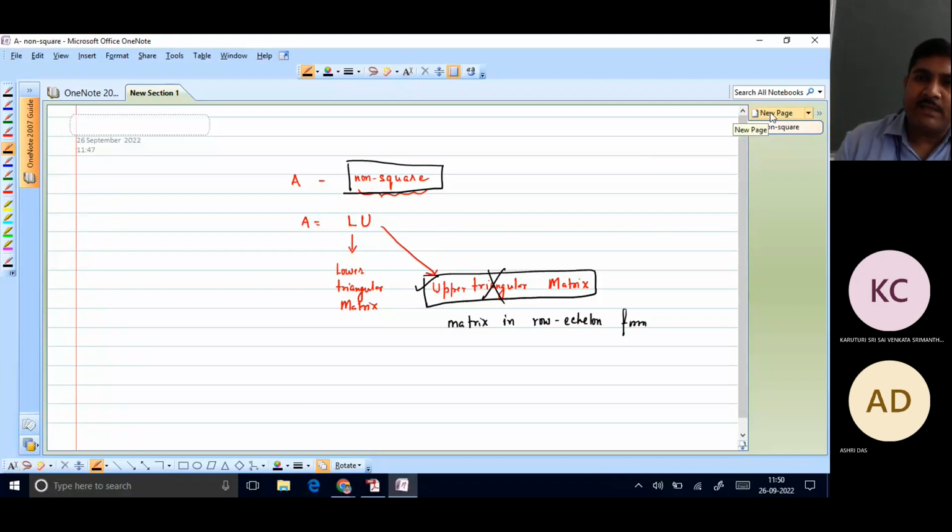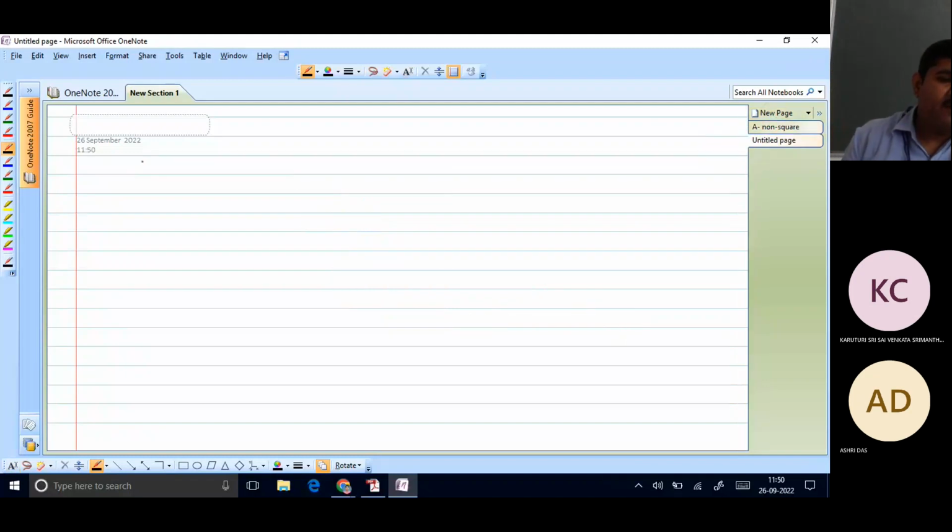So let us take one example. Find the LU factorization of the matrix.